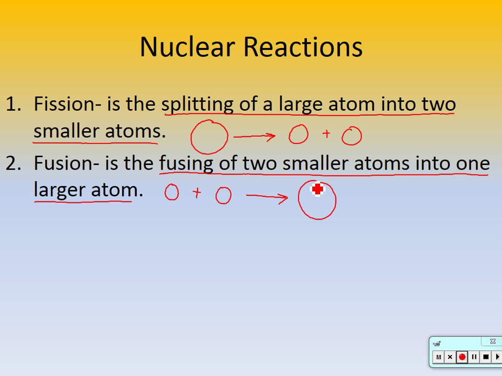See how they're kind of mirror images or inverses or the opposites of each other? So fission is the splitting, fusion is the fusing of two atoms together. Okay, so we're going to talk about them in more detail in the coming slides.